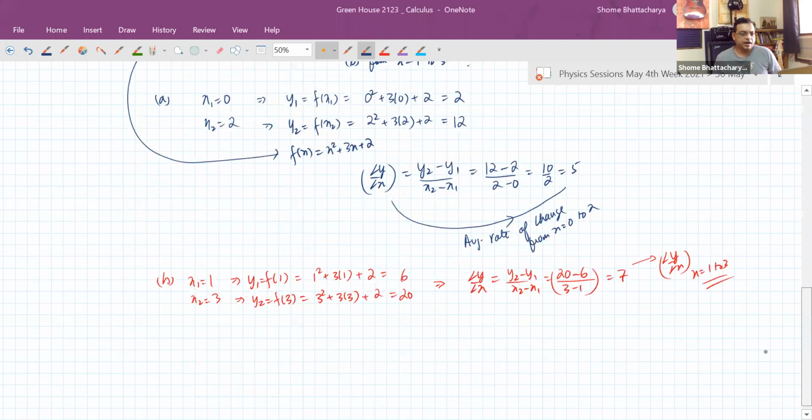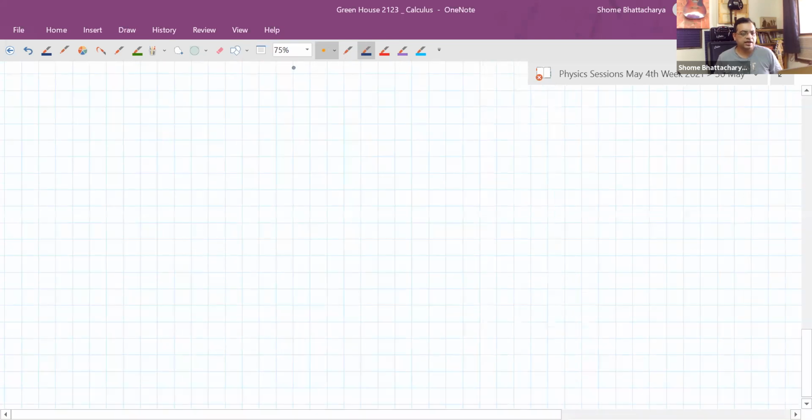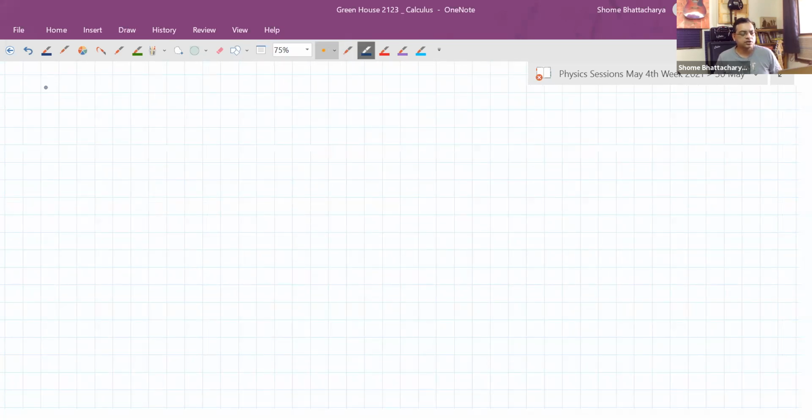Now, moving on from average rate of change, we have the second type of rate of change for which calculus comes into the picture, which is called the instantaneous rate of change.